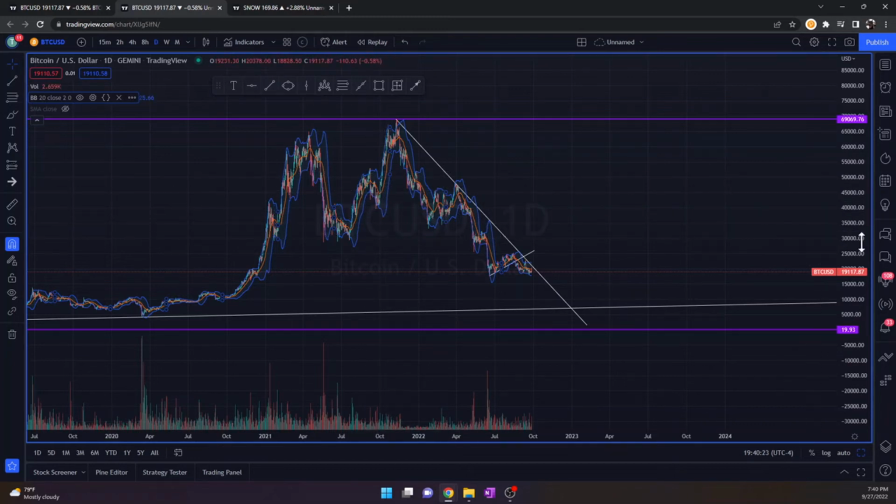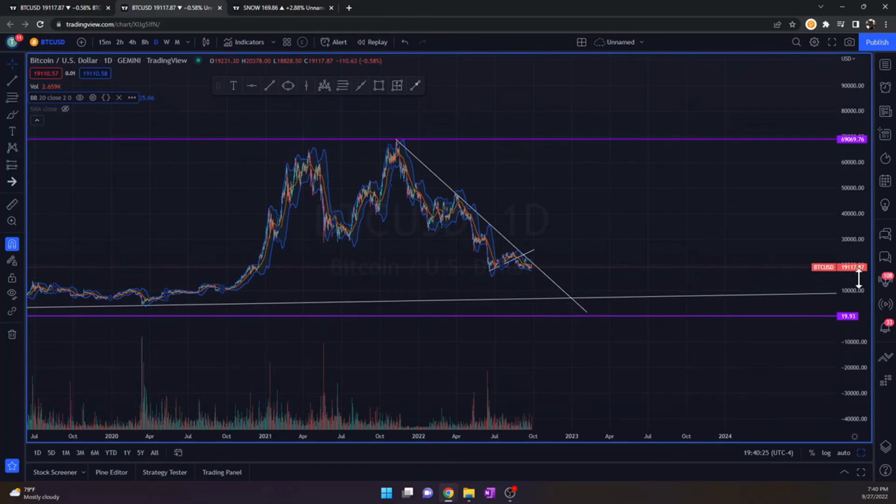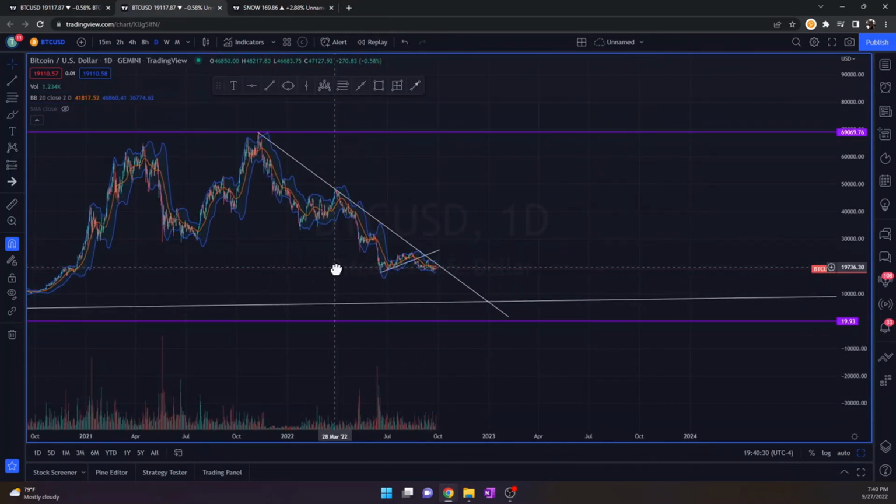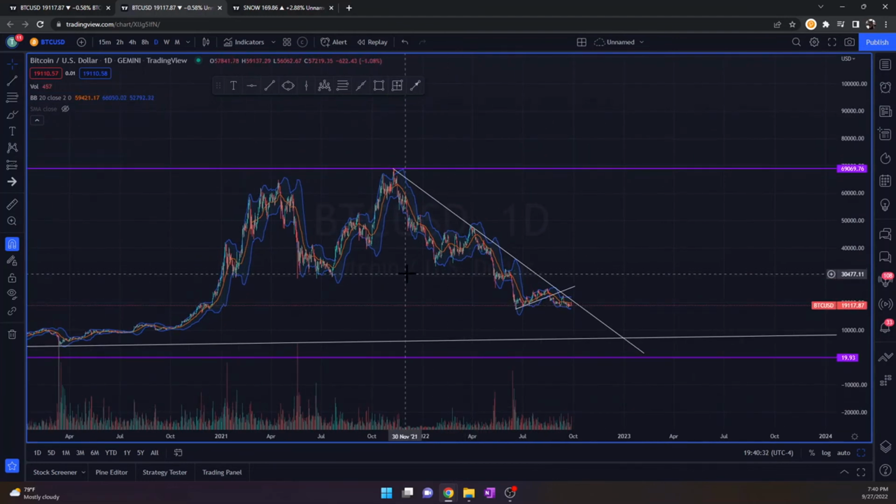And I like to use this indicator because it helps you to see when things are outside of the standard deviation. Typically, when things go outside of the standard deviation, then it's time for a correction.